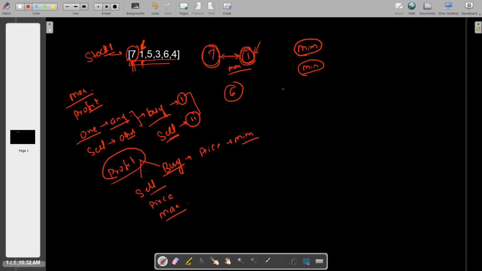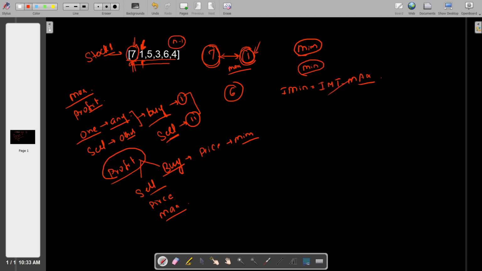Suppose we take the minimum value, first initialized with a large value like INT_MAX. Okay, and if I iterate from i equal to 0 till i equal to n minus 1, then at every iteration calculate the minimum and sell that stock on the given day.